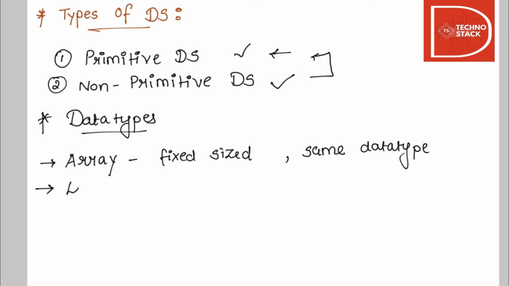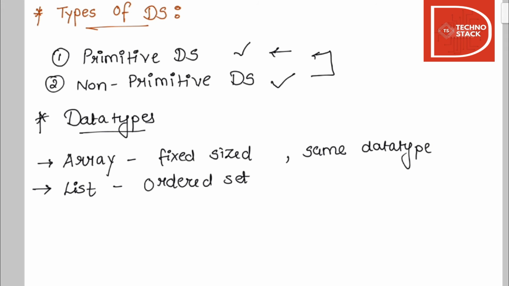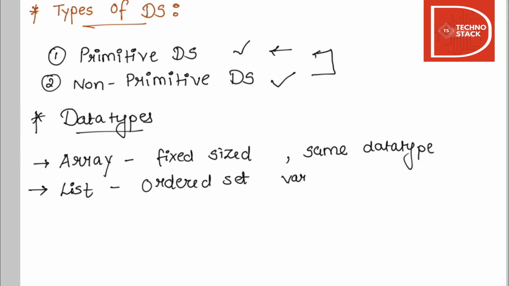Next is list. A list is an ordered set containing a variable number of elements. An ordered set containing a variable number of elements is called a list.